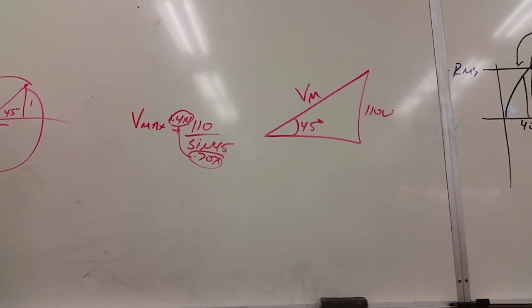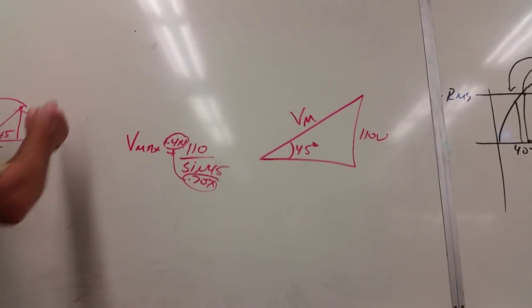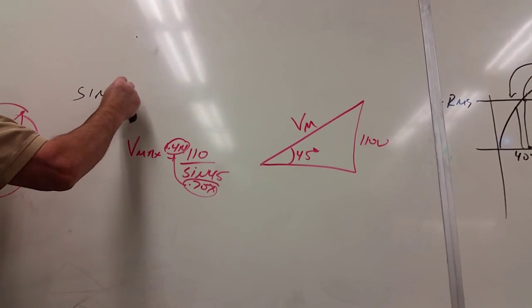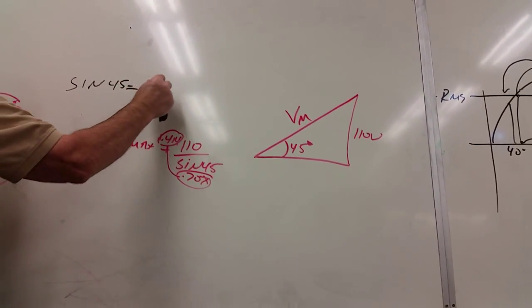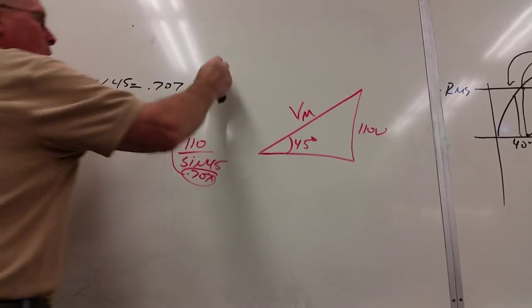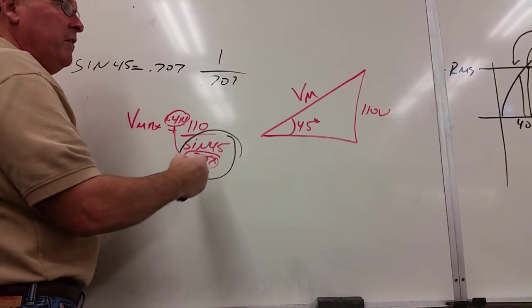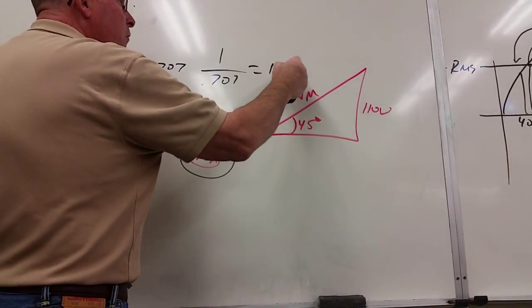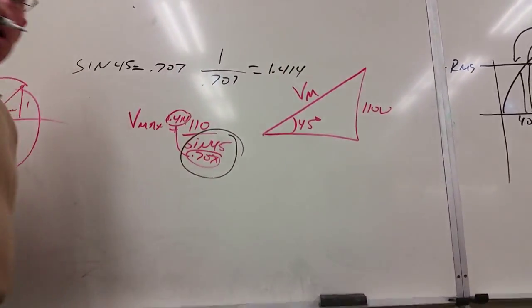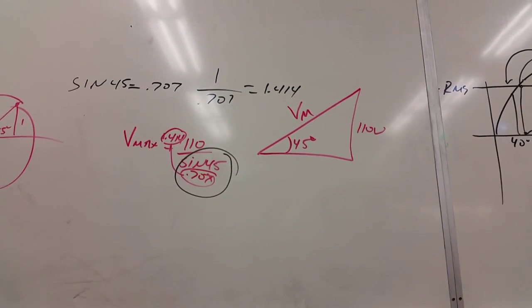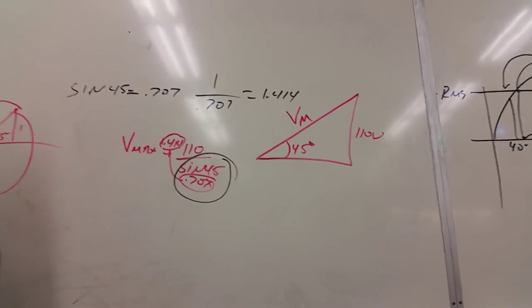Does everybody see that? Let's back up a second. What's the sine of 45? 0.707. Okay? What's 1 over 0.707, which is this right here? 1.414, okay? So what does sine equal? Sine's a value. What is that?